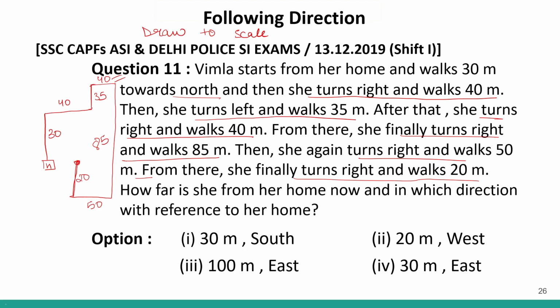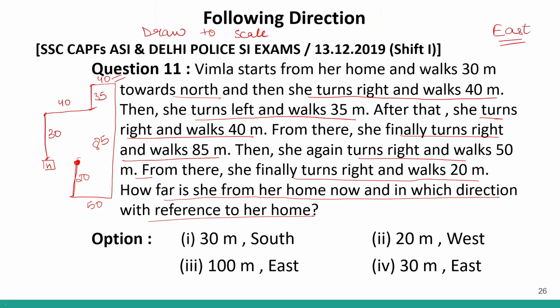If you see, this is 35 and this is 30. So this will be 65 plus 20, 85. So this final position will be towards the east of the house. Clear? Now we have to find out how far is she from the house and which direction with reference to her home. So home, clearly we find out she is towards the east.